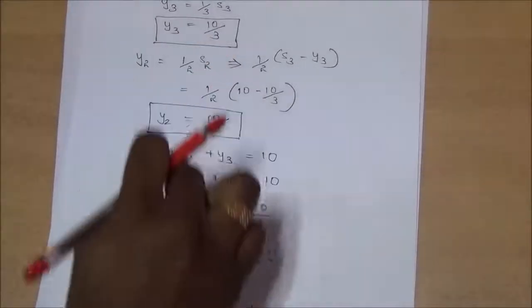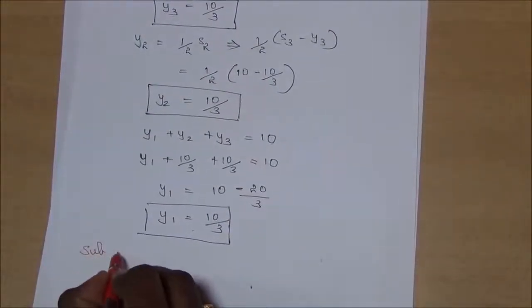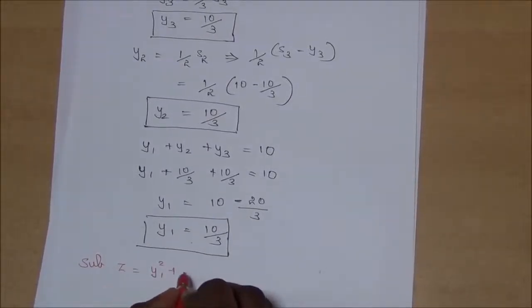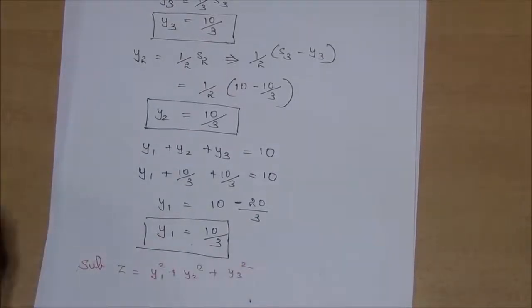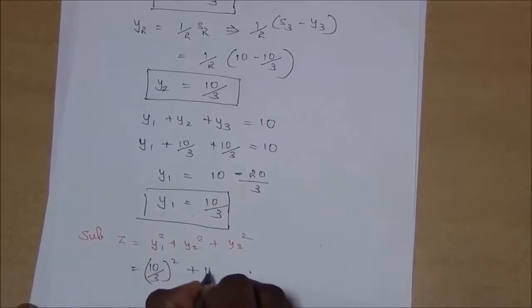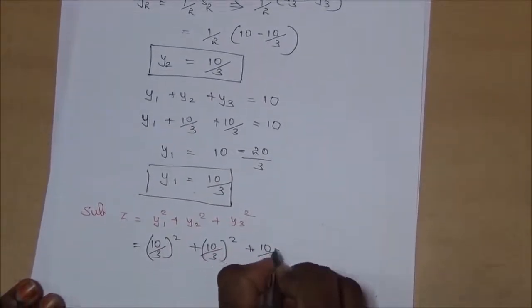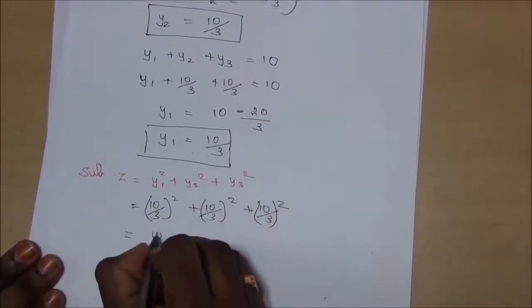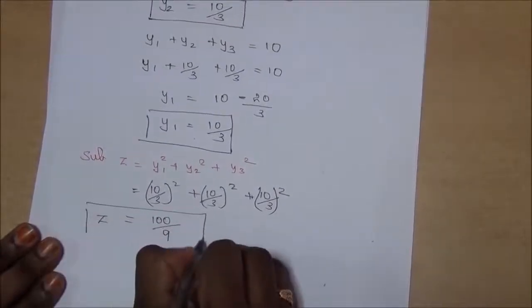We have obtained the values for y1, y2 and y3. Now substitute in the z value, that is the objective function, y1 square plus y2 square plus y3 square. So it is 10 by 3 the whole square plus 10 by 3 the whole square plus 10 by 3 the whole square, which is 100 by 3. So the z value is 100 by 3.